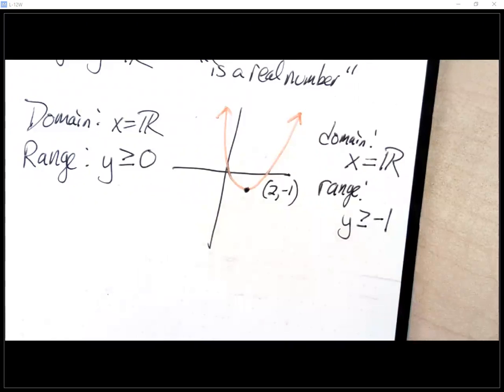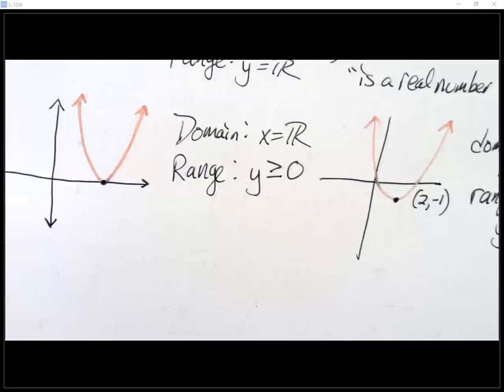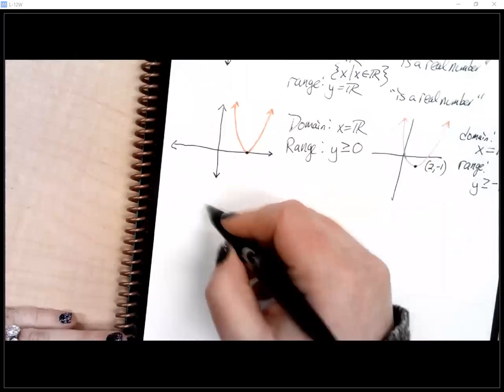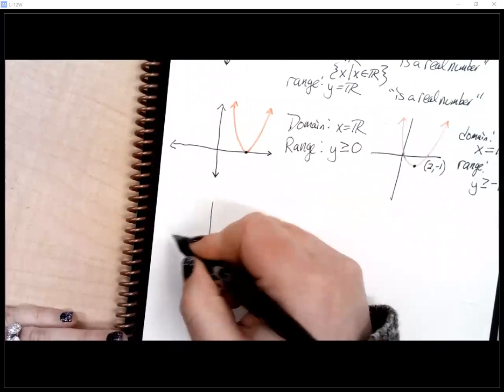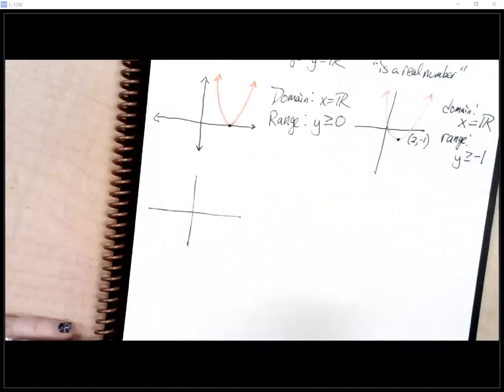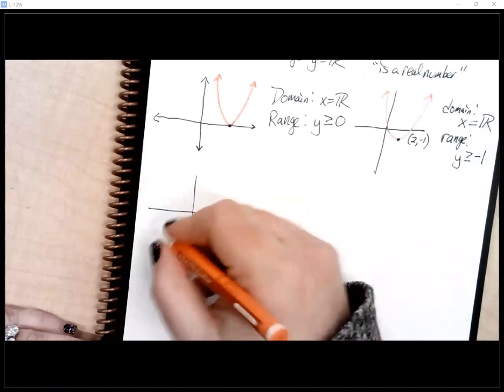And there they are. So let me give you one to try, another parabola. And then we'll take a look-see at some other types of graphs. Okay, my coordinate plane.